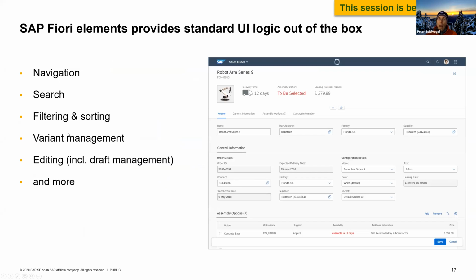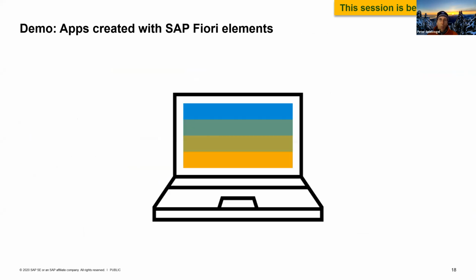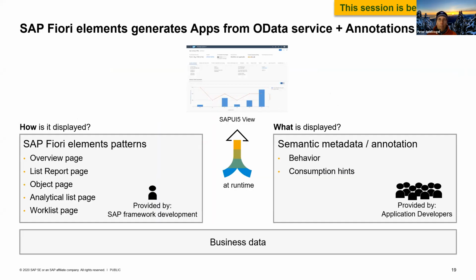So really a lot of out-of-the-box capability with Fiori Elements that saves you the time of having to code that yourself. And we already showed you the demo. We led with that up front. And with that, I'm going to turn it over to Stefan to talk a little bit about how Fiori Elements combines the different pieces together.